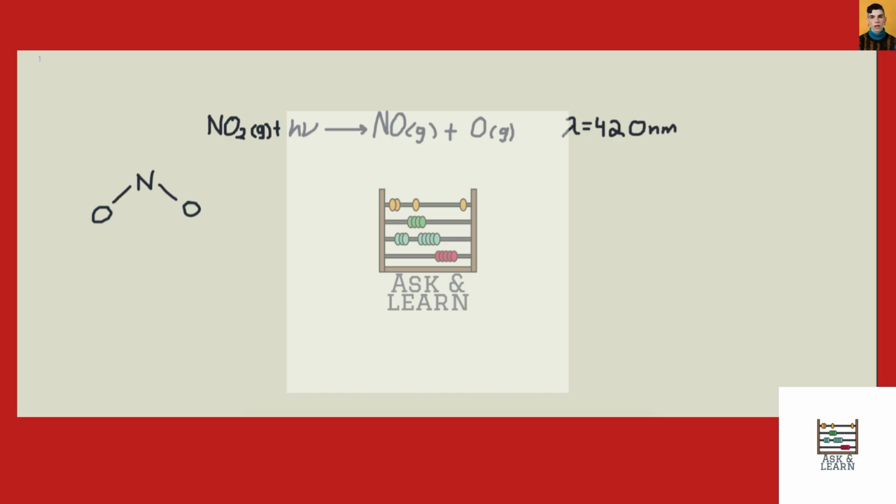Right, so nitrogen dioxide is a bit of an interesting molecule. It has one unpaired electron, which is one of the reasons nitrogen dioxide is a bit unstable.